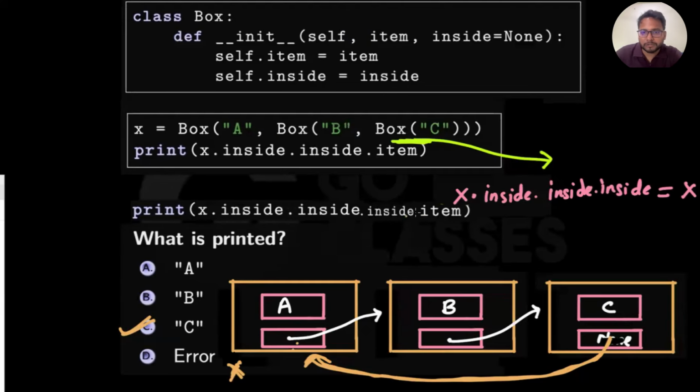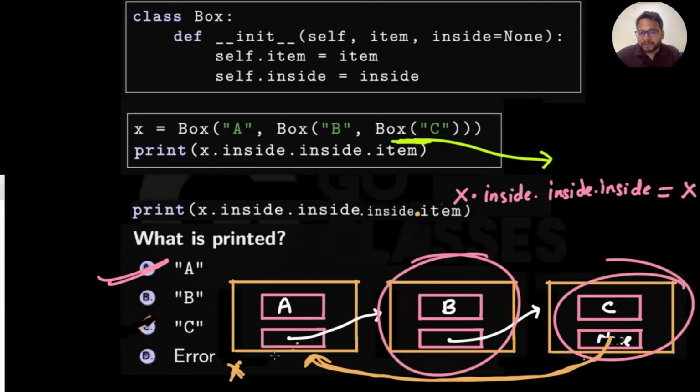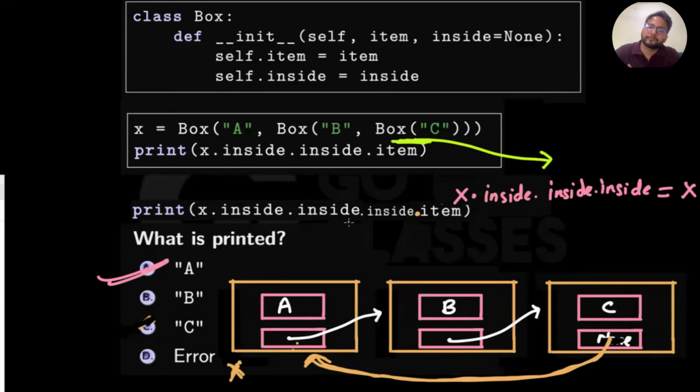So what is the answer? X dot inside is this box, dot inside is this box, three times, right? And dot inside is actually this box. Now I'm printing the item, so it will be printing A. Is this understood, everyone? After this line, if I do three times dot inside, the first time, second time, and the third time inside is this itself, right? So A will get printed.